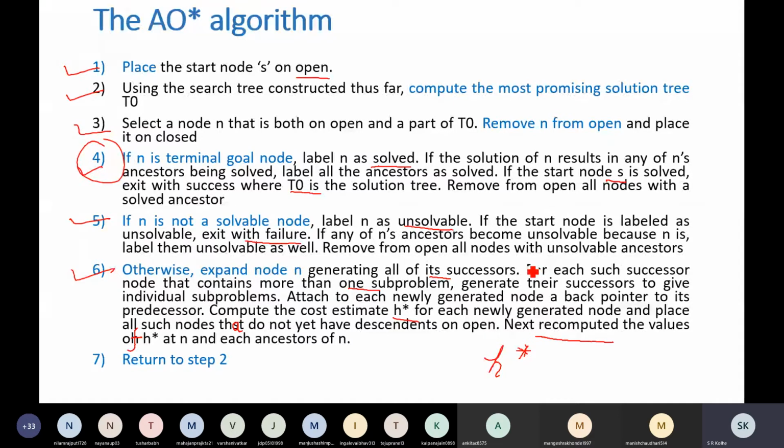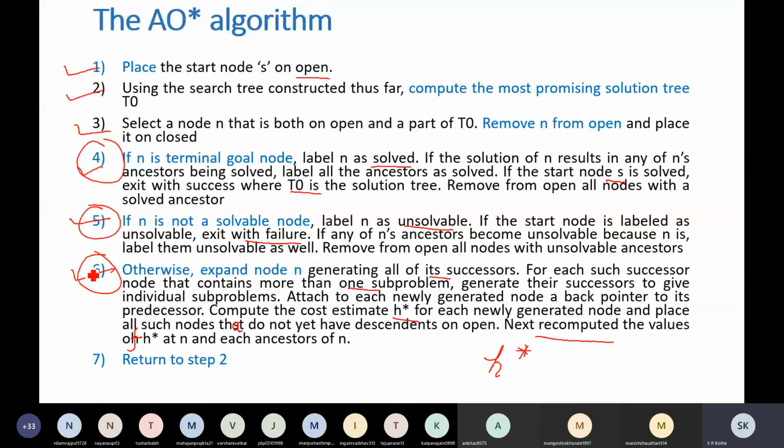When S becomes solved, that is the goal. Second possibility, the node n can be an unsolvable node. Because of that, its ancestor nodes may become unsolvable, so label them as unsolvable. That's what we do in step 5.